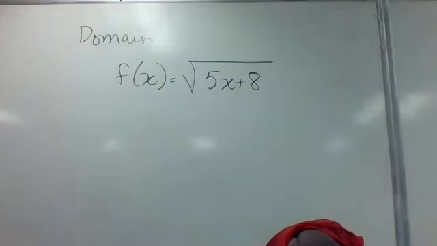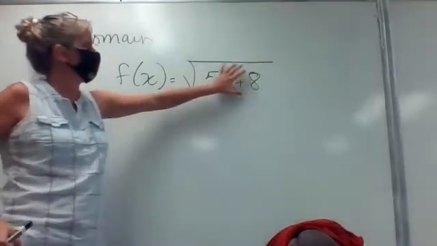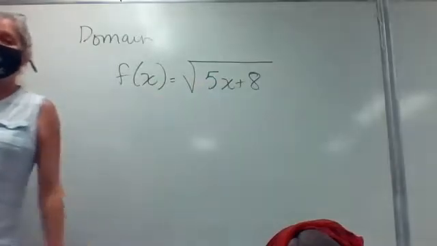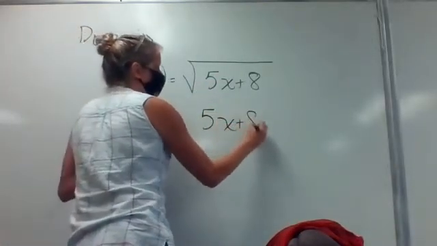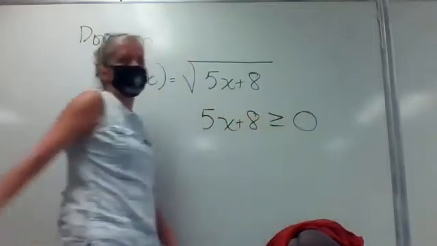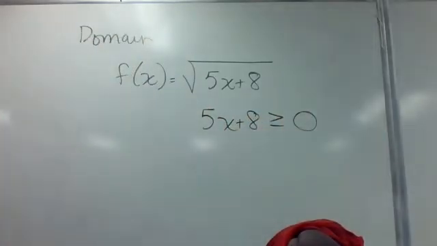So if I'm finding the domain of this, what I'm concerned with is what's underneath here has to be positive, or what's underneath here, which is 5x plus 8, has to be greater than or equal to 0, right? That's what makes you positive.